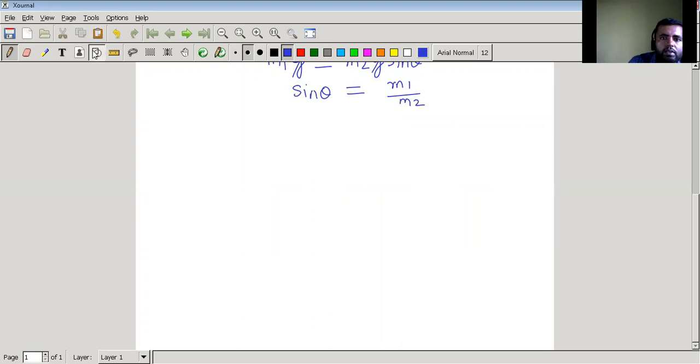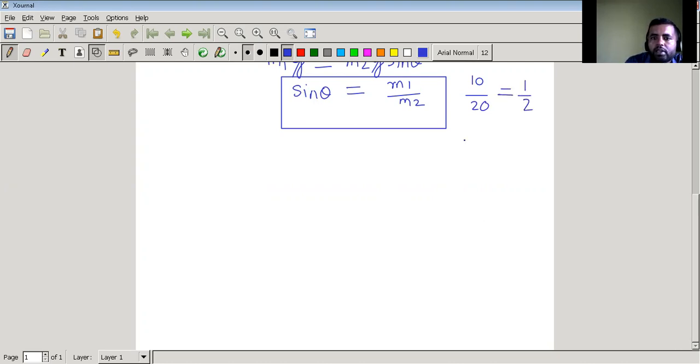If you try to understand what this equation says, let us take a number. Let us say this is 10, this is 20. So it turns out that this is 1 by 2. So theta should be 30 degree, since sine 30 is half.